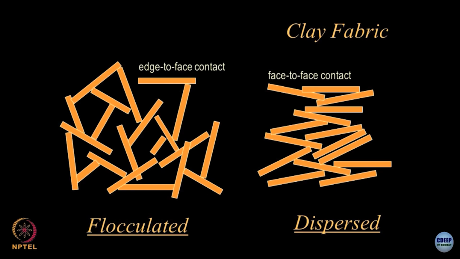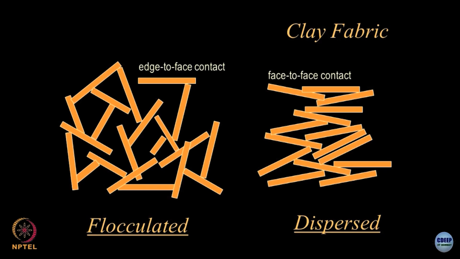When I will start discussing the mechanisms of movement of water in soils, I will be referring to this as a flocculated structure. If you compact this soil, suppose I confine it in a volume and compact it, all these platelets are going to get aligned, very obedient. So this is what happens.